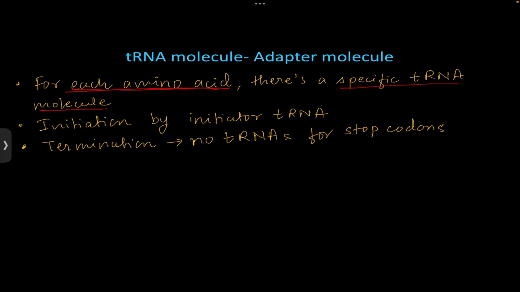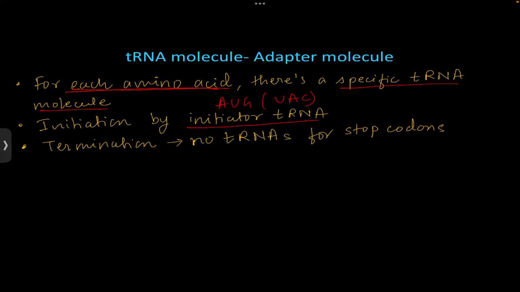Now, initiation, that is the start of the translation, is done when the initiator tRNA comes and binds to the first codon, or the start codon, on the mRNA. You know what the initiator codon is? It is AUG. So for AUG, there will be an initiator tRNA with the anticodon UAC, okay?